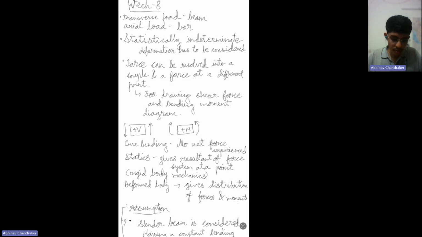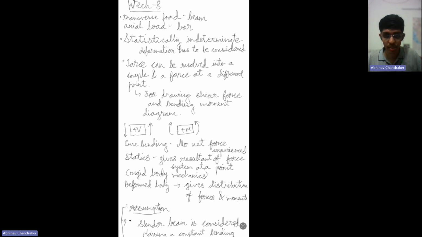Previously, we had looked at torsion in the previous week's lecture. In this one, Sir started with what are the different kinds of loads that we can have. Along with torsion, we can have transverse loading, and then we can also have axial loading. The convention is that when transverse loading is being applied, we call the member a beam.